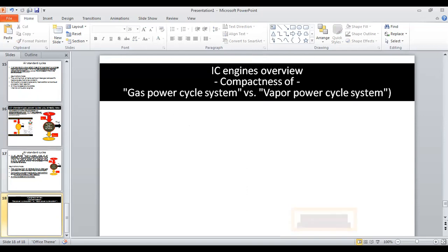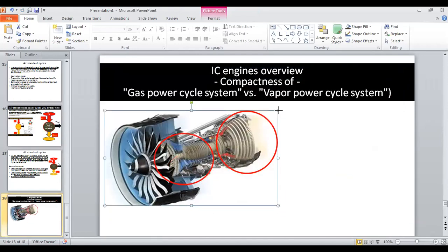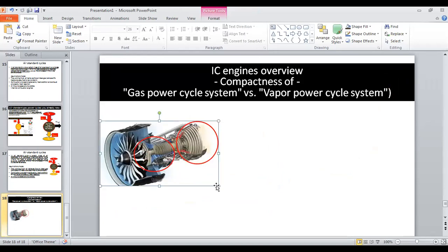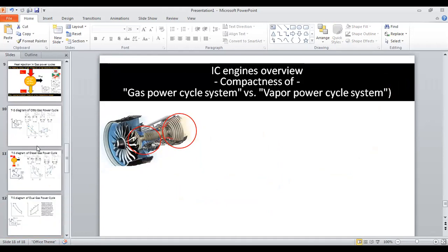So if you look into this one, we talk about this turbine engine. This is a single piece, once assembled.